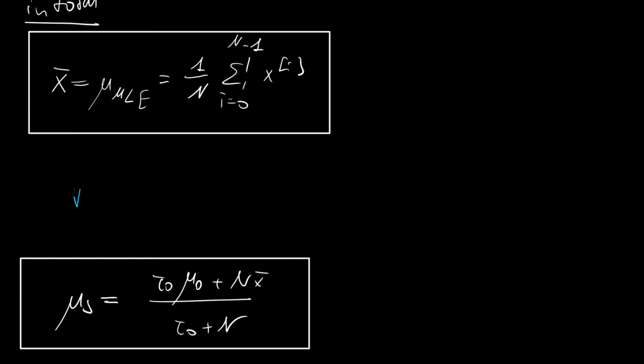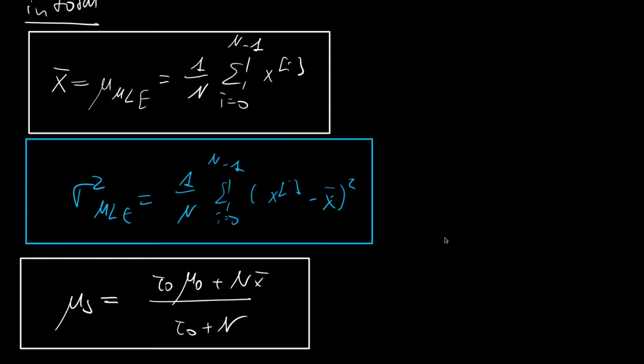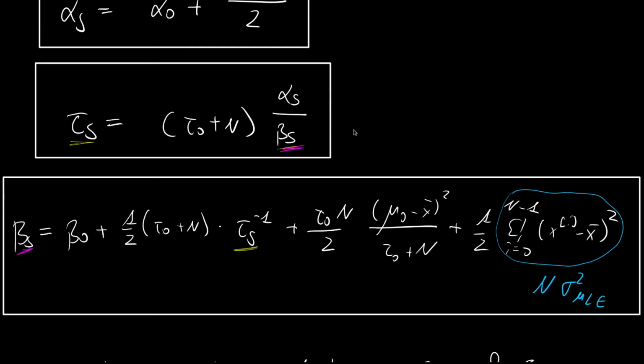So let me also note down sigma squared MLE is 1 over n times the summation from i equals 0 to capital N minus 1 of xi in brackets minus x bar squared, which is what we found here. And if you do this, then this computation here can be avoided and you just use the quantity n times sigma MLE that you calculated before.